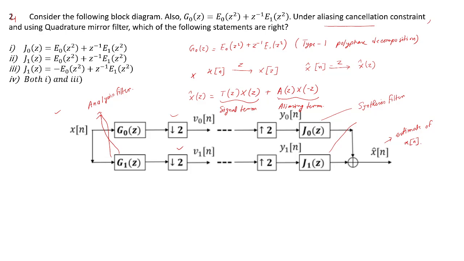Actually, we would be happy if X hat(z) is this only and this part is not there at all, but this is an inevitable part of this processing. When you do this multi-rate signal processing, this is supposed to appear. So your main goal is to design the synthesis and analysis filters in such a way that this aliasing term vanishes.